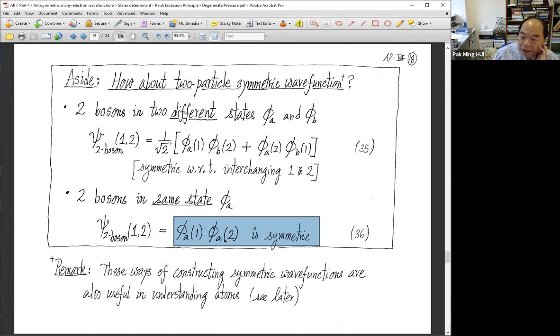Now notice that they are not numbers. They are functions inside the determinant. It is a shorthand, a very convenient way to make sure that when you distribute n electrons into n states, you have accounted for all the possible ways of distributing n electrons, each in each state.